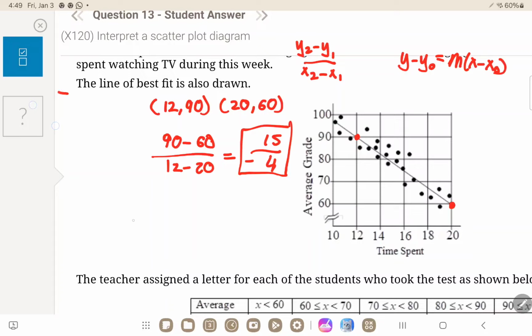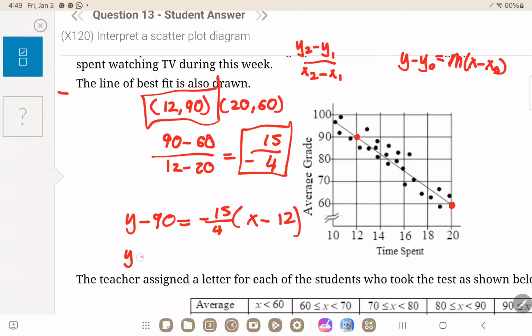So y minus, you choose only one of these points. You can use any one you want. Actually, I'll use this one, I find it easier. So y minus 90 equals m, which is negative 15 over 4, times x minus 12.